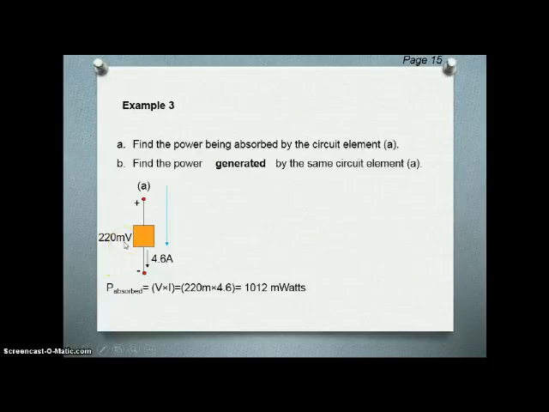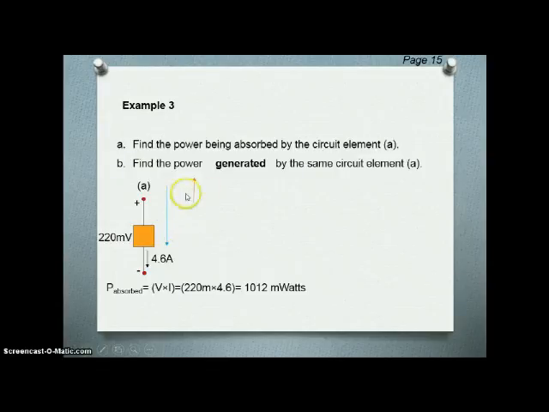Okay, let us see the same situation, but the question is different. Find the power generated by the same circuit element. See here, the question is power generated. What is the definition of power generated? Generated means the current is flowing outside the positive terminal. But what is the situation? Actually, the current is flowing inside the positive terminal.